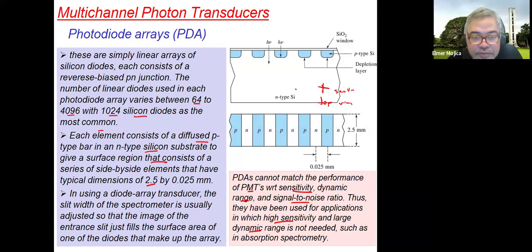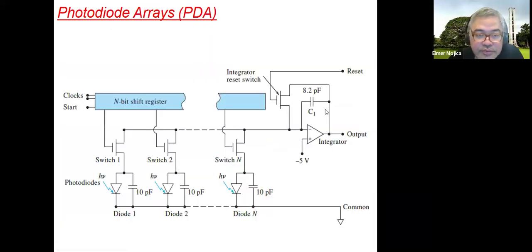Now, this is how the schematic would look like for a photodiode array detector chip. A simplified diagram that shows the arrangement of these components. So you could see that there is a photodiode here, in parallel with each photodiode.